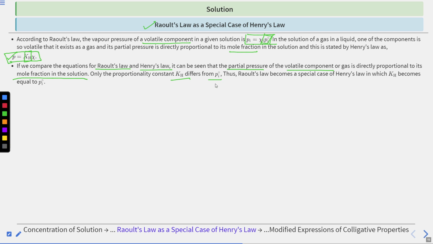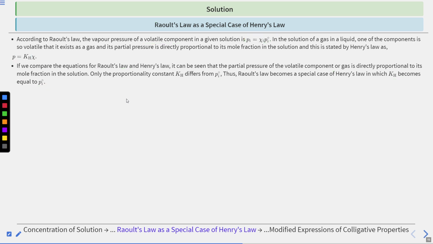Thus Raoult's law becomes a special case of Henry's law in which kh becomes equal to pi naught, because this is the only thing which differs. Other terms are the same in both equations.